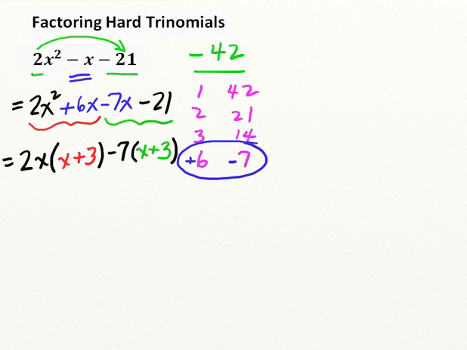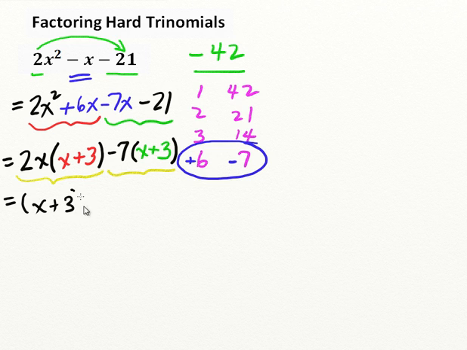And because I have created two brackets that have exactly the same thing inside, namely x plus 3, I can now common factor one more time. If I look at this term here and consider this entire multiplication term as one term, and this entire term as one term, I can now common factor out the x plus 3 out of both.